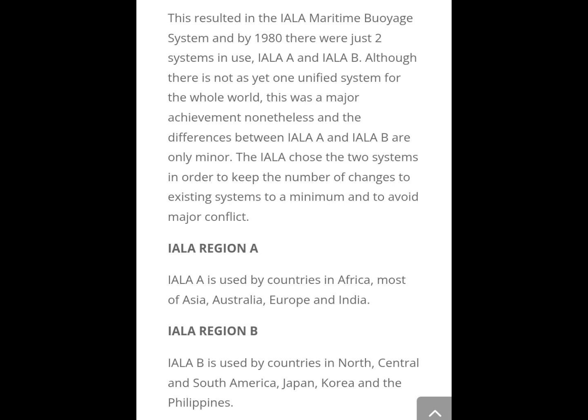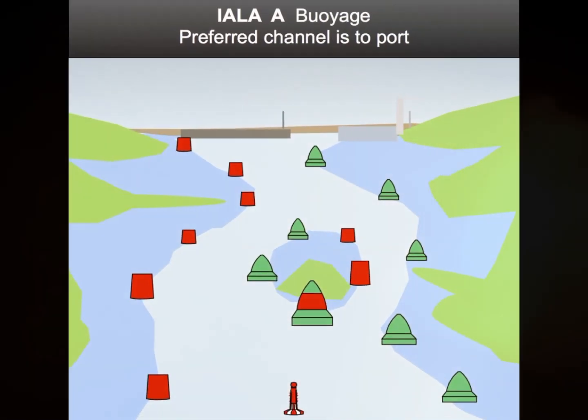IALA Region A: IALA-A is used by countries in Africa, most of Asia, Australia, Europe, and India. IALA Region B: IALA-B is used by countries in North, Central, and South America, Japan, Korea, and the Philippines.